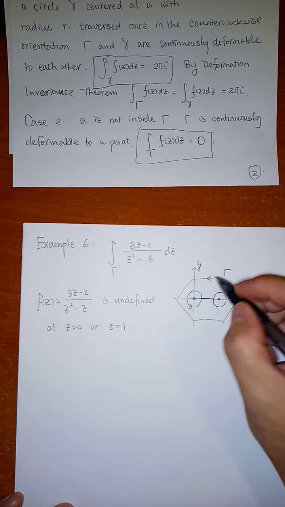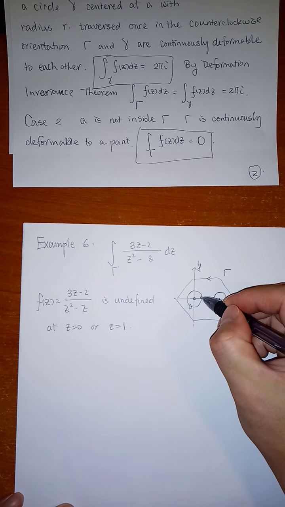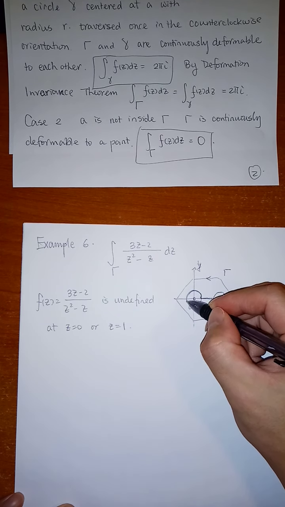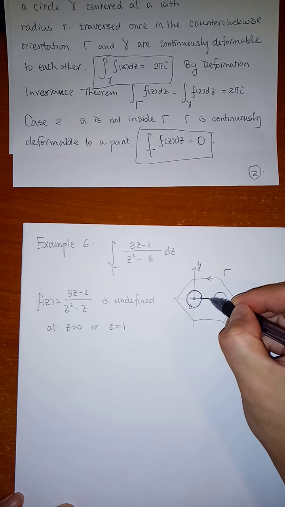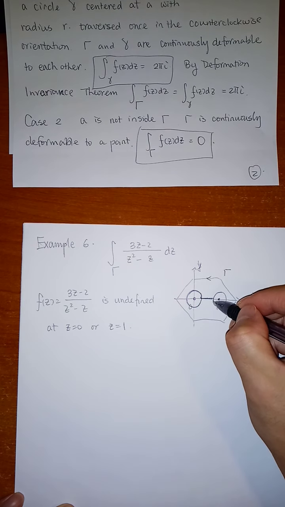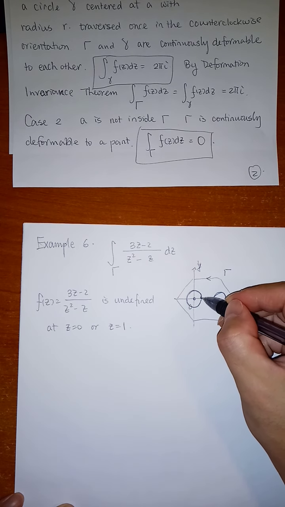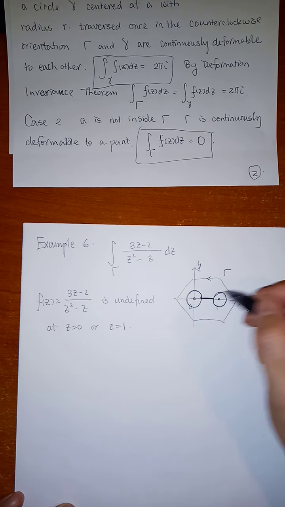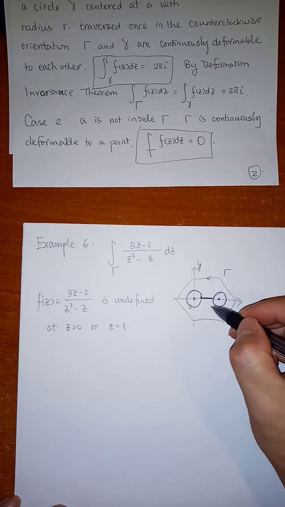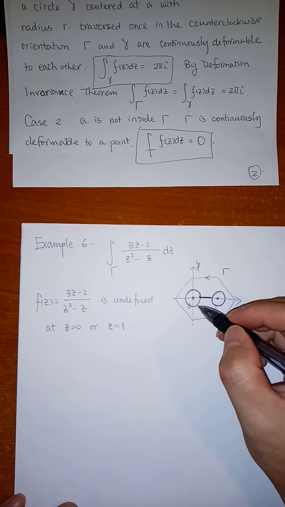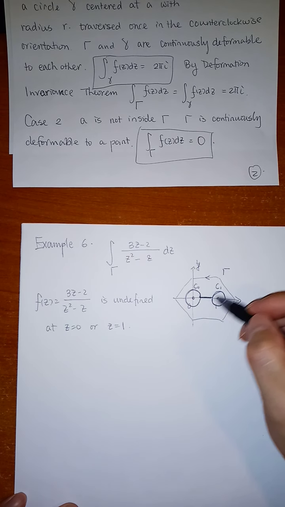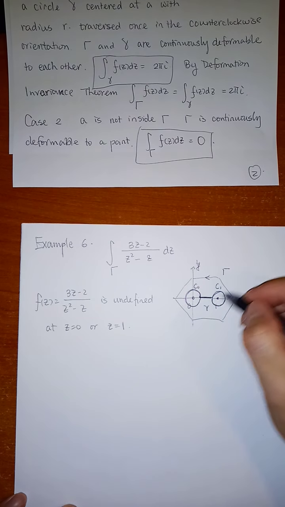You start from this point, you go counterclockwise, and then move to the right circle. The right circle is also counterclockwise, and you follow the same segment back to the left circle. The left circle is C1, the right circle is C2. And remember, the whole thing is called gamma.